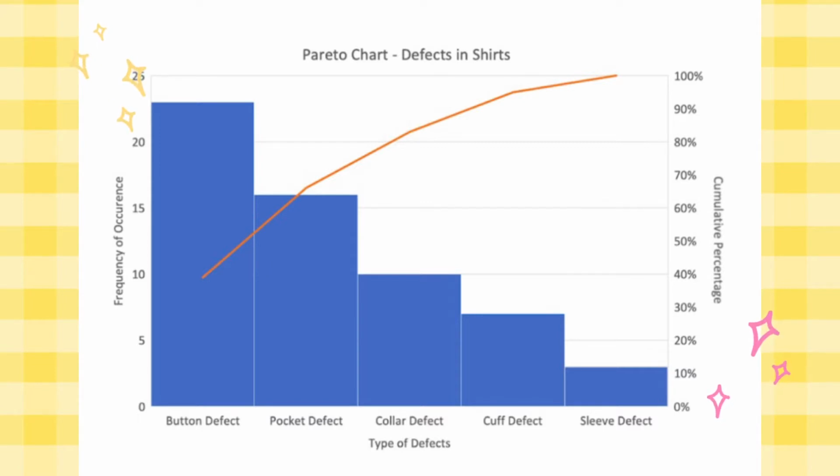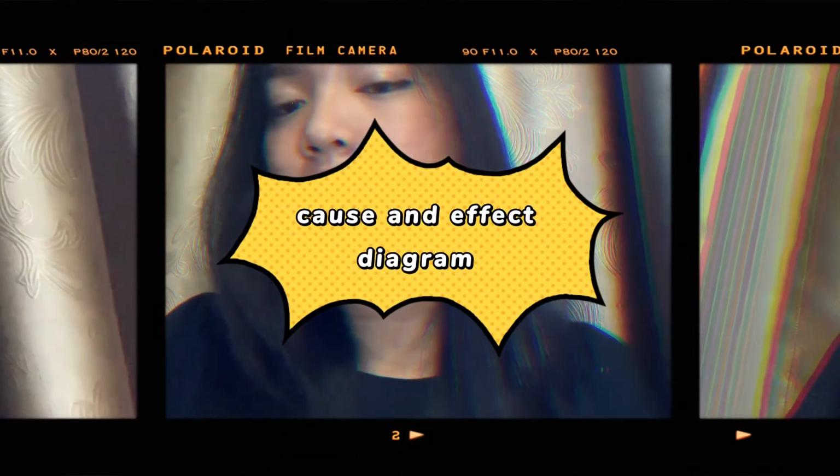The bars are represented in descending order from the tallest to the shortest. Therefore, you can see which defects are more frequent at a glance, and the line represents the cumulative percentage of defects.